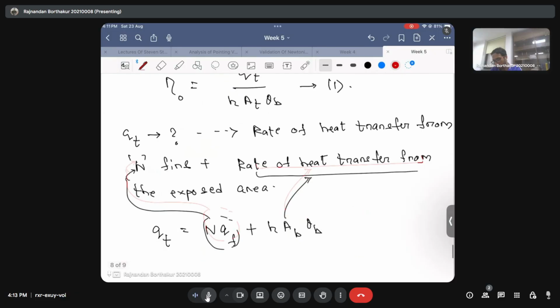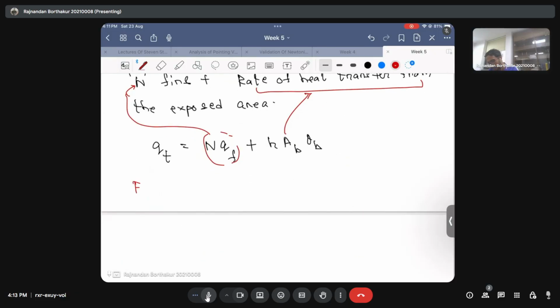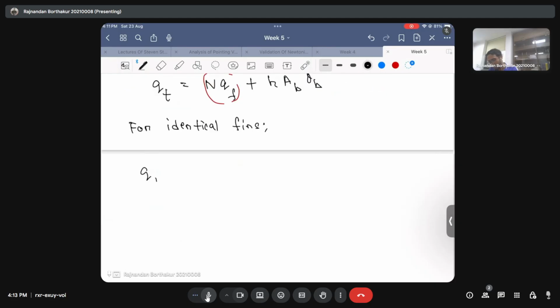Okay. So I'll write it down that for identical fins, my Qf, which is the rate of heat transfer from the total n fins, is equal to n times the rate of heat transfer from a single fin.